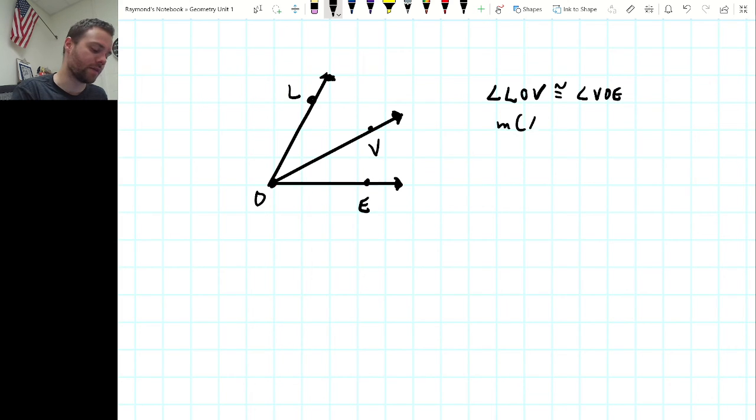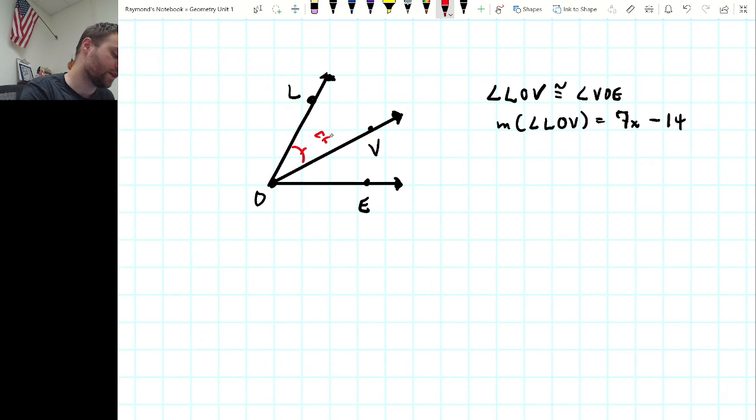And then they tell us that the measure of angle LOV is equal to the expression 7x minus 14. So I already have that this is equal to 7x minus 14.